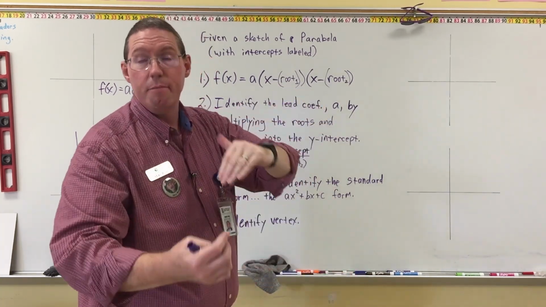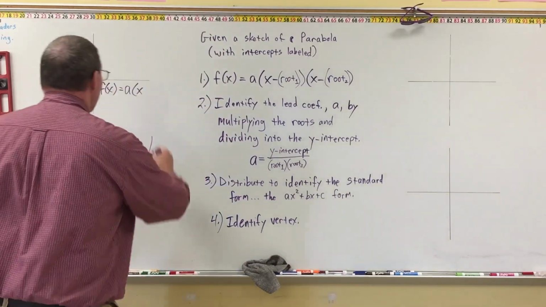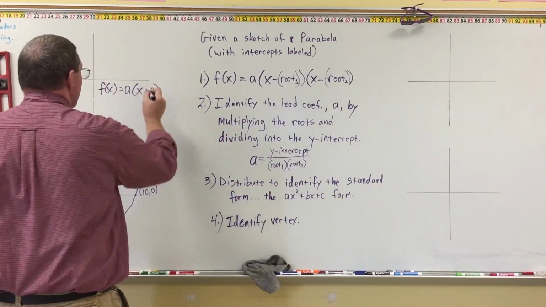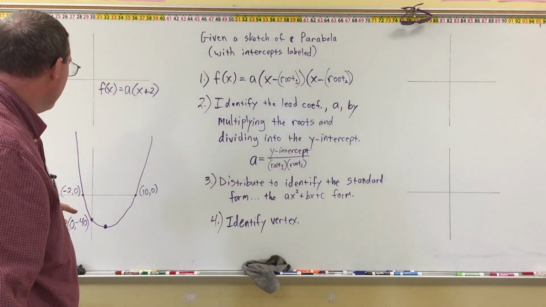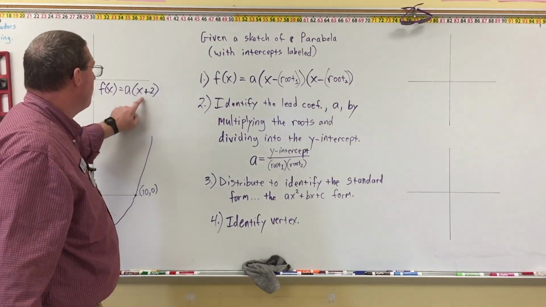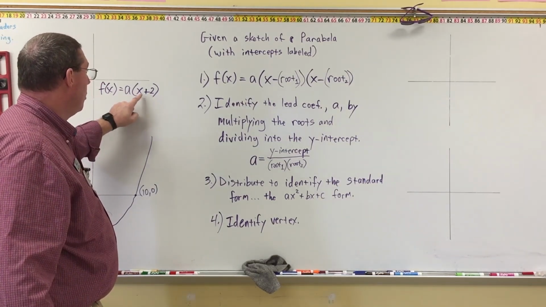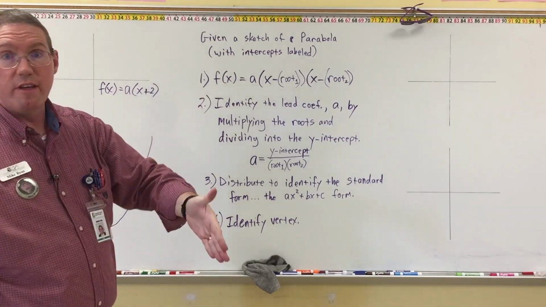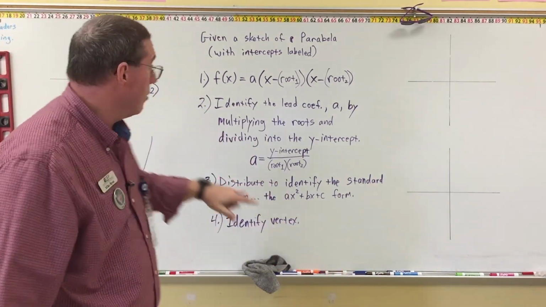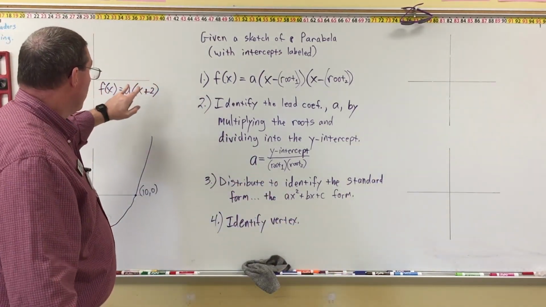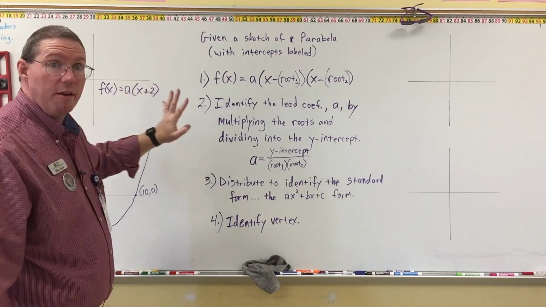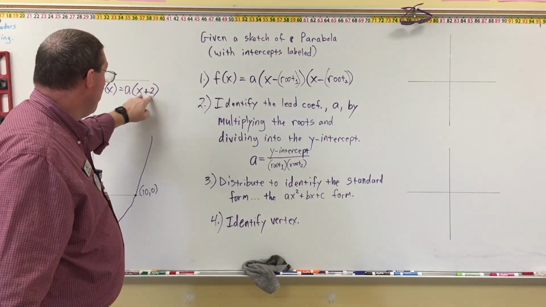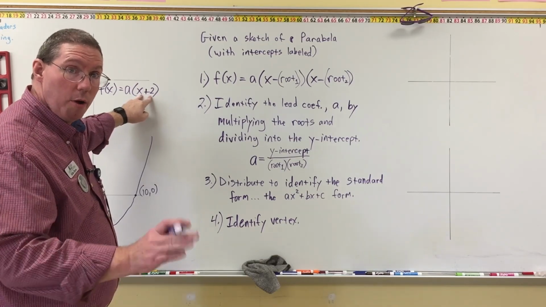And minus a negative means plus. So we're going to put in x plus 2. Okay? And that makes sense because if we were to plug -2 in here, if we plug the root in, -2 plus 2 equals 0. And then 0 times the other factor times a is all going to be 0. And that's what's important. Whatever will make this factor equal 0, that's the root.